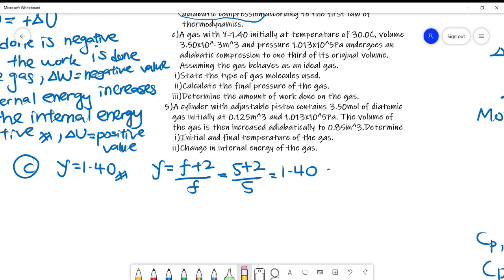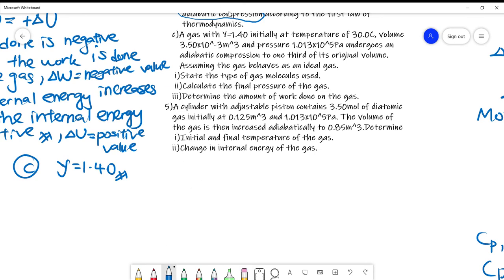So if we wish to find monoatomic gas, we just substitute the degree of freedom of 3 into here. So what we get is the gamma constant for monoatomic gas. Basically this one is for the diatomic gas. Okay, let me just erase this one.